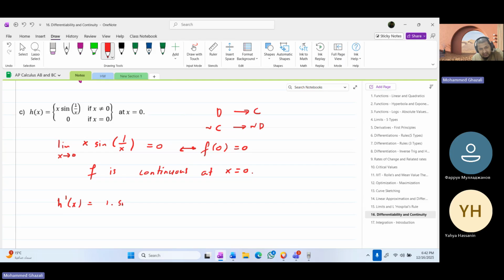Leave the sine 1 over x as it is, plus the derivative of sine 1 over x, which is cos 1 over x times the derivative of the inside, which is negative 1 over x squared, and leave the x. So see what I've done? I differentiated that and I left the x. Does that make sense?